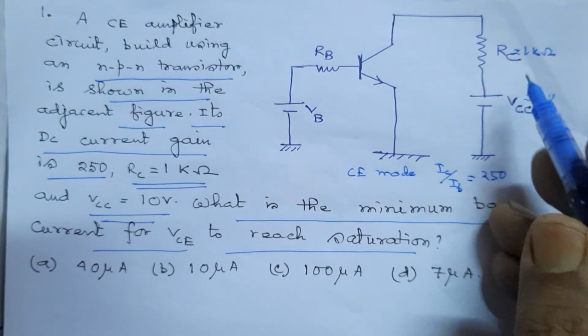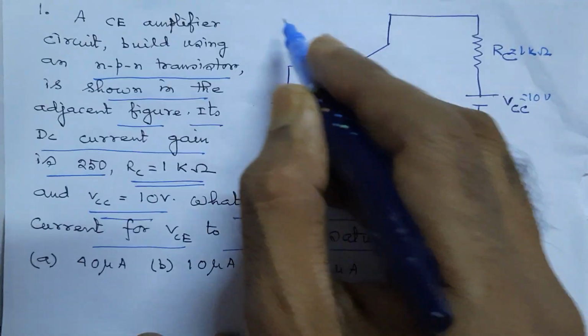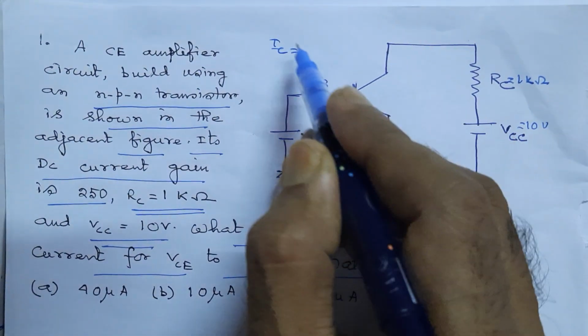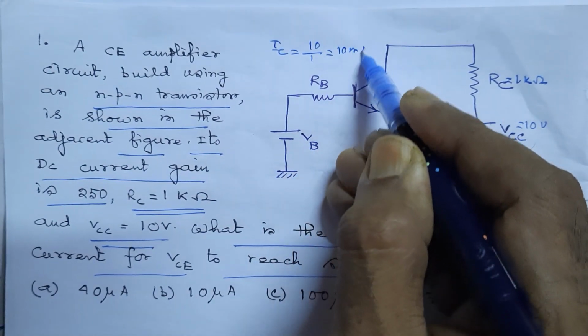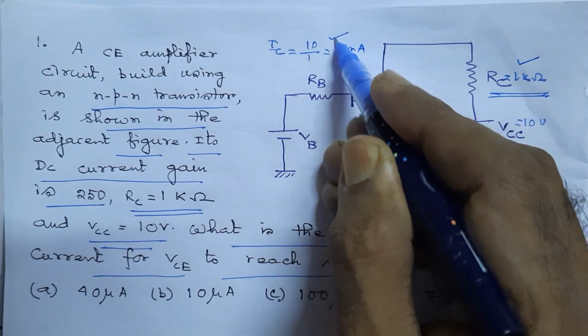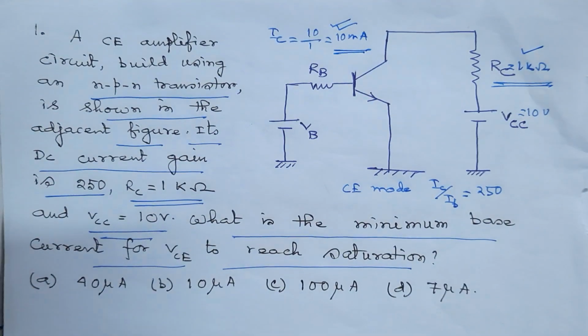VCC is 10 volt, RC is 1 kilo ohm. So IC equals VCC by RC, that is 10 by 1, which is 10 milliampere. Because the resistance is given in kilo ohm, the current IC is in milliampere.